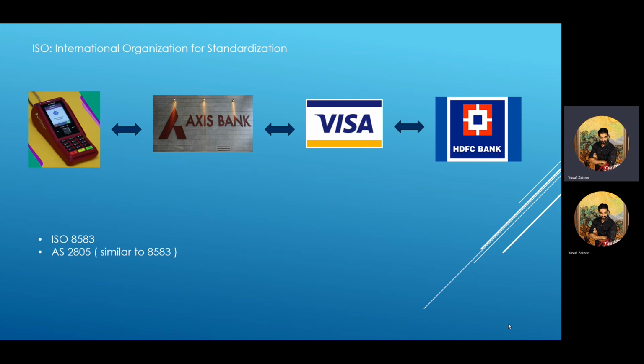And if everyone starts sending information in their own format, then how many different formats will Visa understand or incorporate in their system? That is why this international standardization comes into the picture, where two parties in the payment gateway network come to a conclusion that I will be sending the information in this particular format, and the receiver says okay, fine, I understand and accept this format, and I'll do the processing as per that format and extract the information from there.